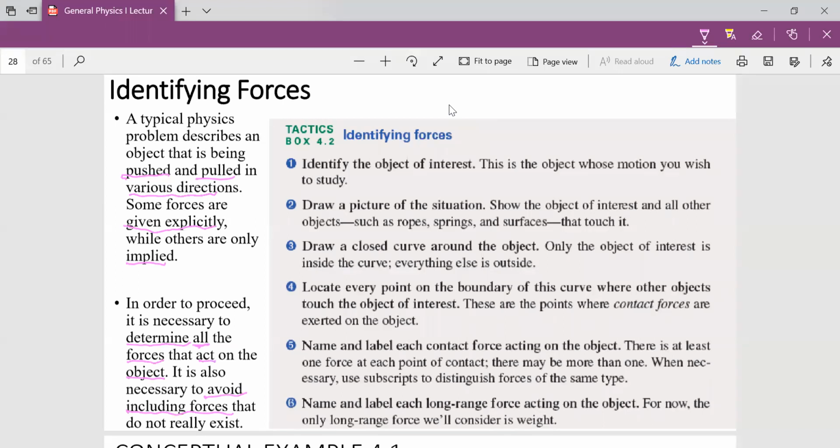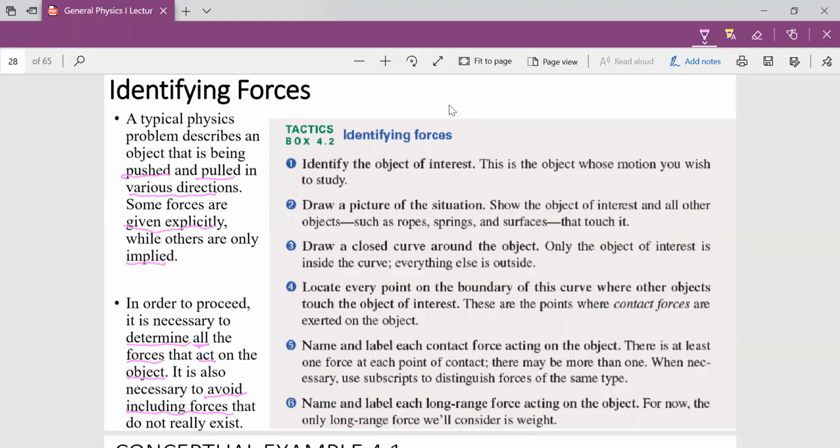And that is why it is important to have the knowledge of the catalog of forces that we discussed in the last class, knowing how they come into play and how to describe them in terms of direction. And we looked at some characteristics of those kinds of forces. It is this knowledge that helped us shape the step-by-step process of identifying forces, okay?